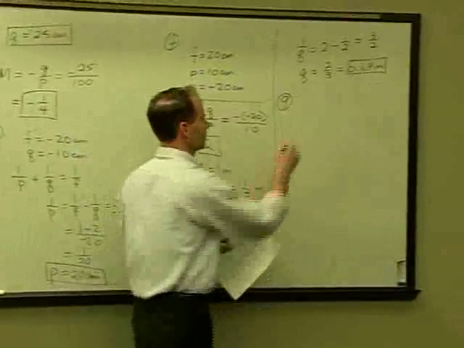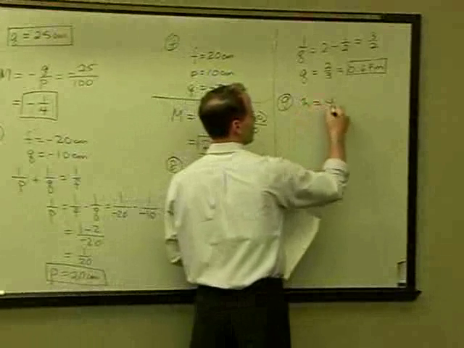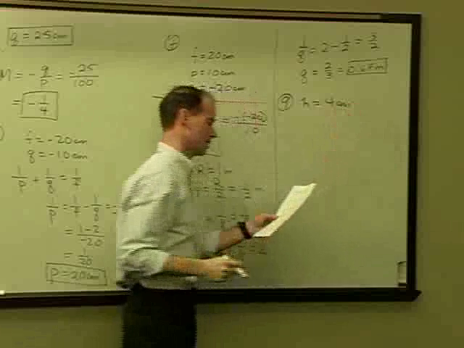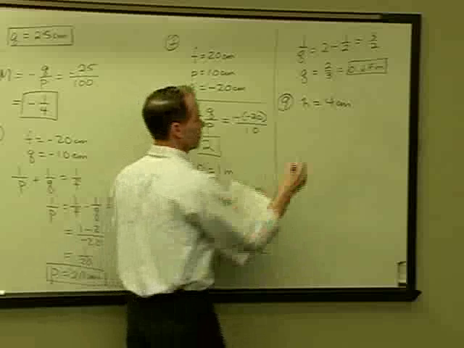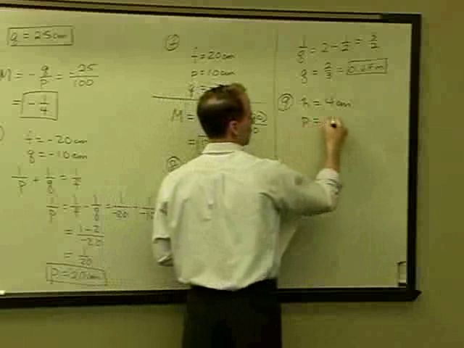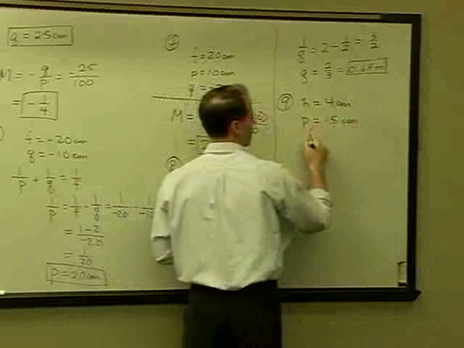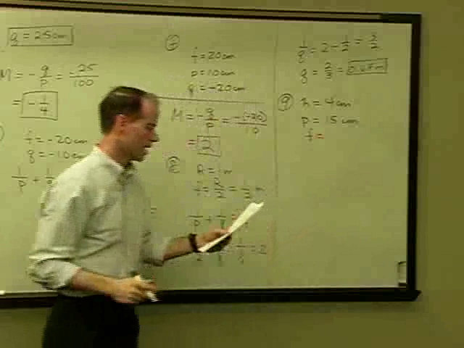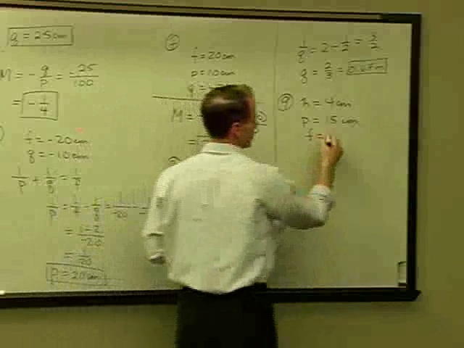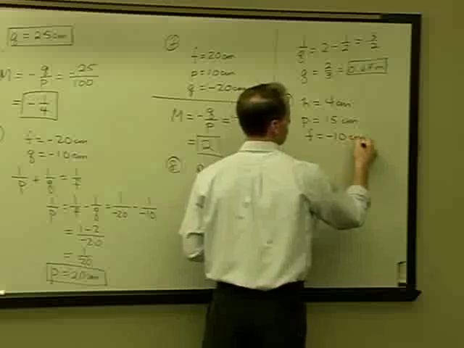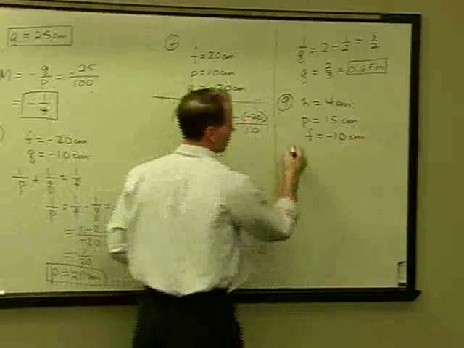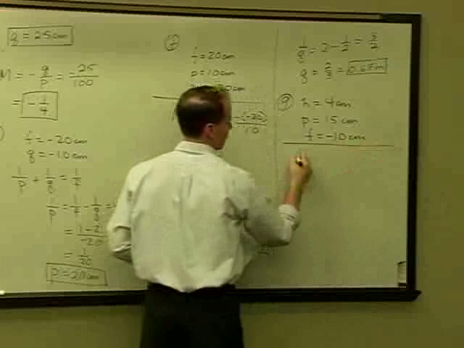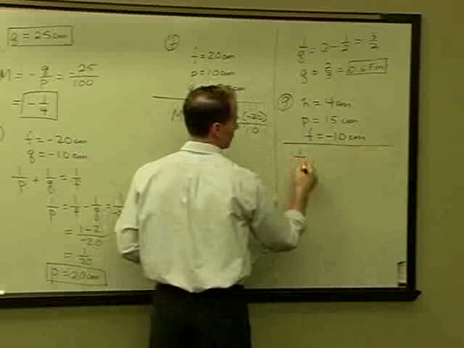Let's just say that 4 centimeters is the height. Placed 15 centimeters in front of a convex mirror. So our object distance is 15 centimeters, with a focal length of minus 10 centimeters. And we want to find the image position. So again, we use the mirror equation.